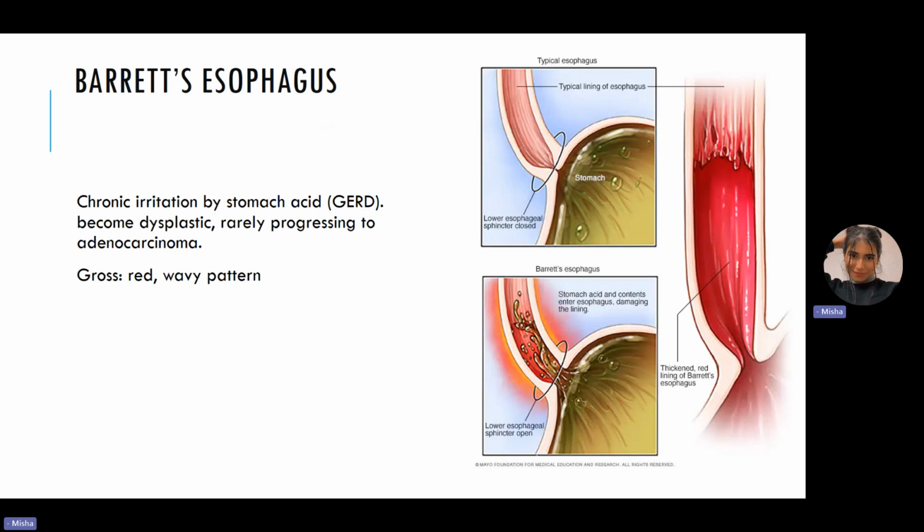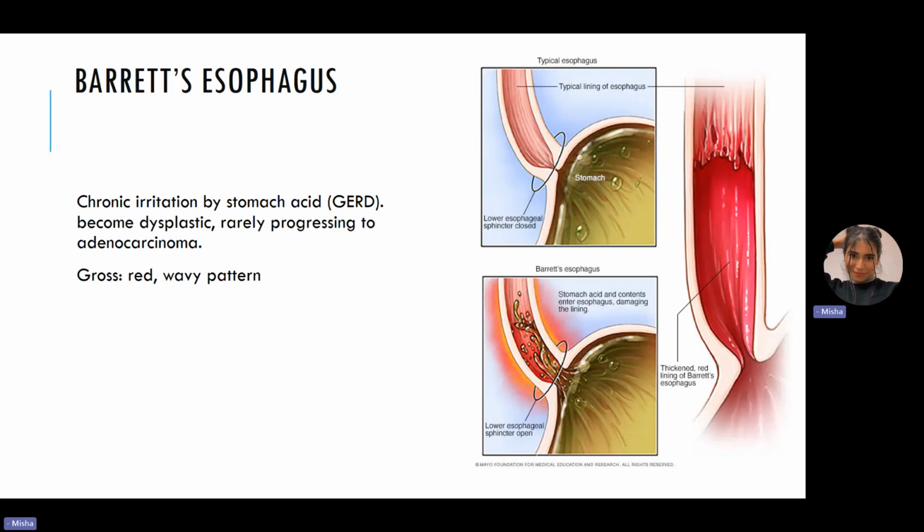The reason I mentioned this in my presentation as well is because it is an extremely important topic, and if you get this question, you will be asked about it, right? So in Barrett's esophagus, it's a metaplasia, okay? I have explained in my previous video what a metaplasia is. So the metaplasia of the squamous epithelium of the lower esophagus into an intestinal epithelium as a result of chronic irritation by stomach acid.